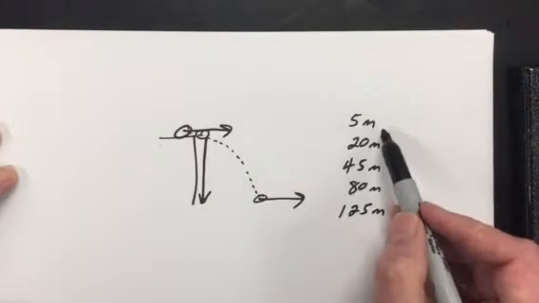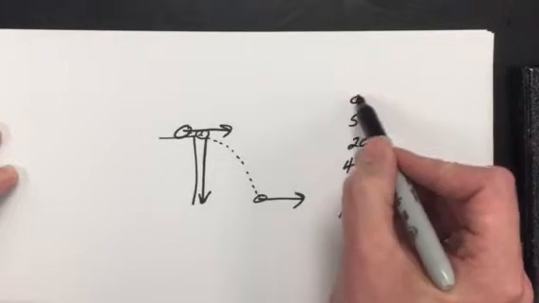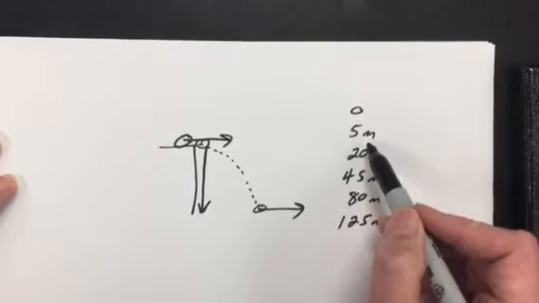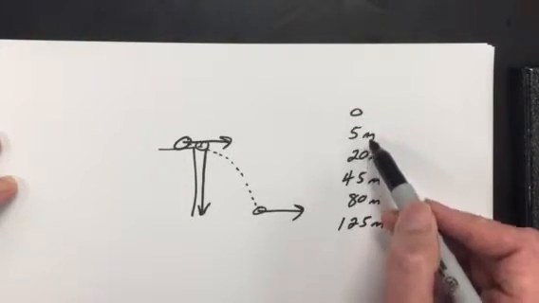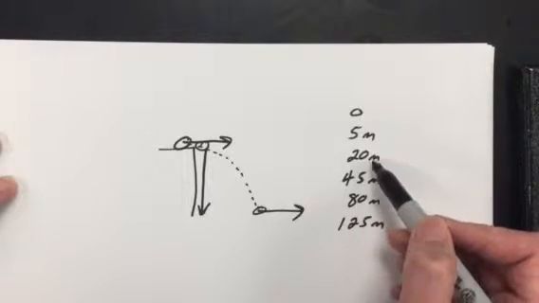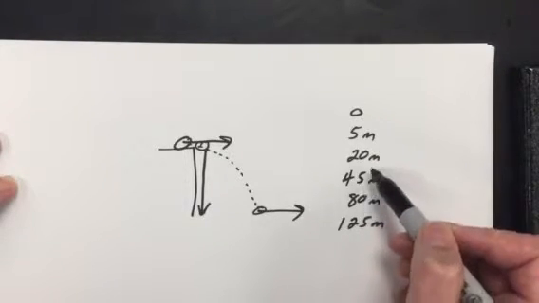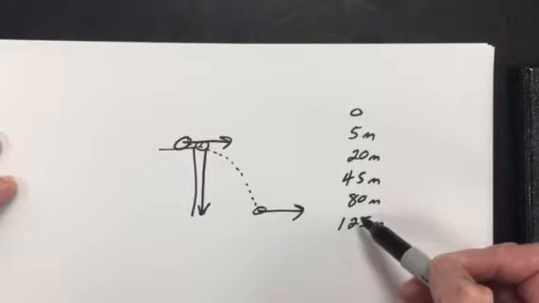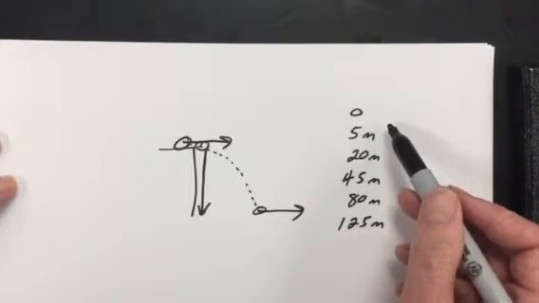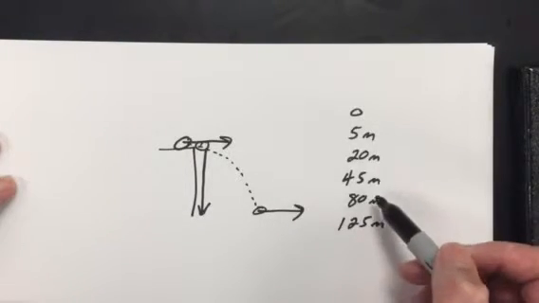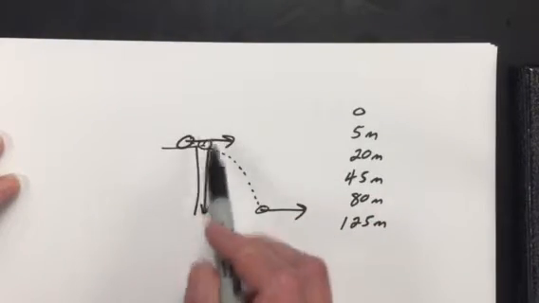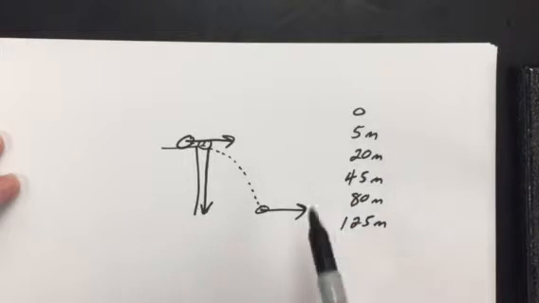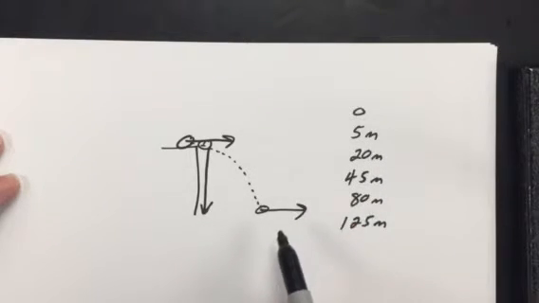Now you see that the first second, it went from 0 to 5. And then the second second, it went from 5 to 20. And then to 45. So it's picking up speed. It's gaining velocity because of course it's falling and it's under the influence of gravity. So if something has been falling for 1 second, it's going to have traveled 5 meters.